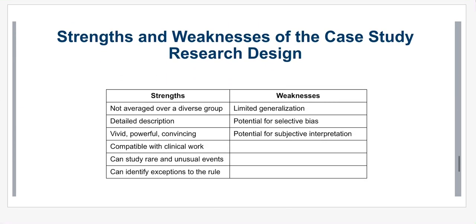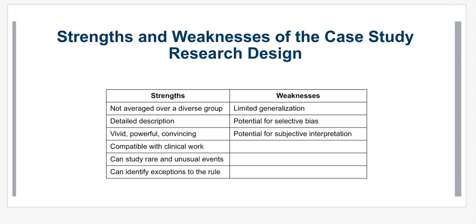And so here are the strengths and weaknesses. This is table 13.3 in your book. So just going over these really quickly, we've kind of talked about some of these already. For the strengths, you're not averaging over a diverse group of people, and so you're not losing the unique parts or the individualized parts that can have valuable information, individualized reactions to certain things or treatments, or responses that you might not get when you average across a group.